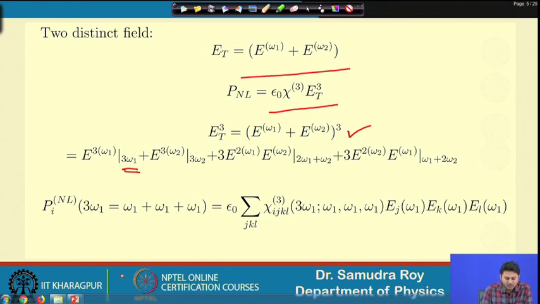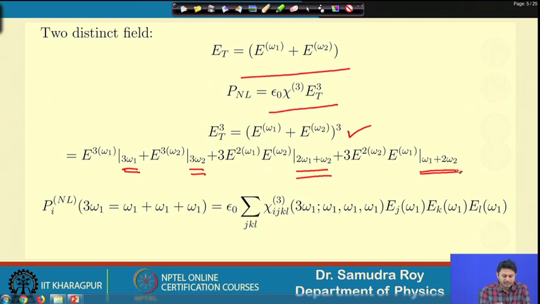For E cubed of omega 2, what frequency component do we have? We have a 3 omega 2 frequency component. For 3 E squared of omega 1 times E of omega 2, what will be the frequency component? The frequency component will be 2 omega 1 plus omega 2, and in a similar way here the frequency component will be omega 1 plus 2 omega 2.